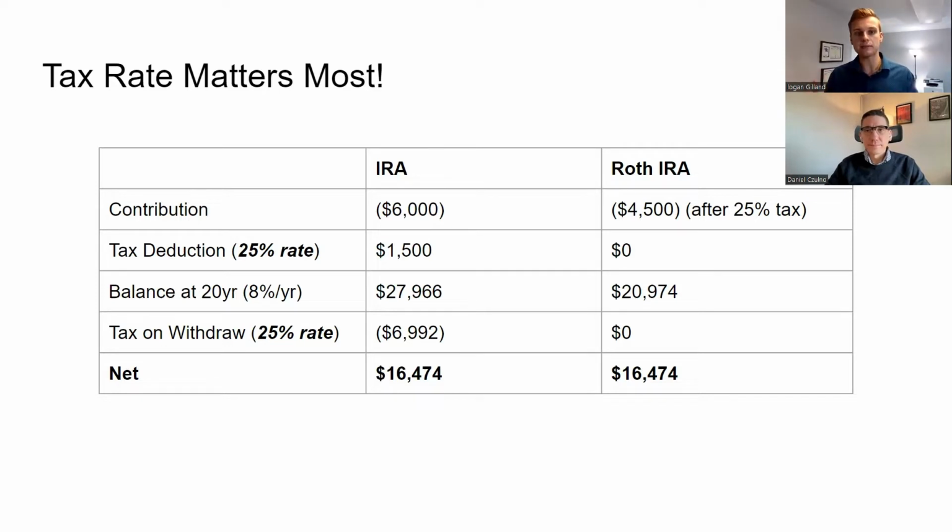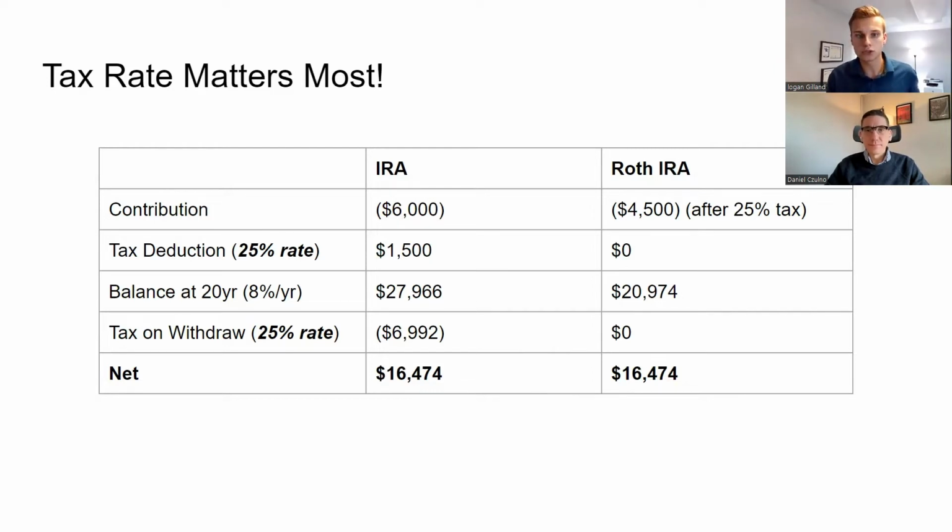If you're at the same tax bracket when you take it out, you'll see that your net effect at the very bottom here is exactly the same because you pay 25% taxes on your withdrawals of the money that you originally put in. So you pay about $7,000 in taxes with the traditional IRA. You pay $0 in taxes because you paid them initially in the Roth. And effectively, your net amount that you take out is $16,474 in both cases.